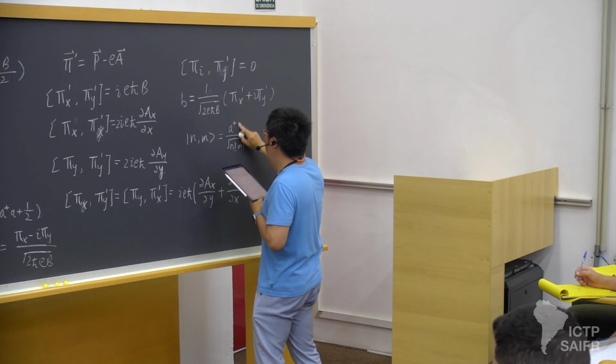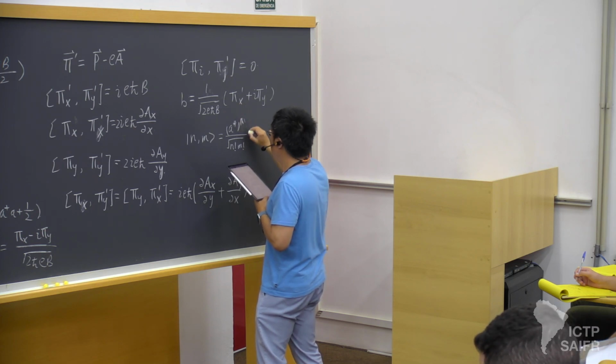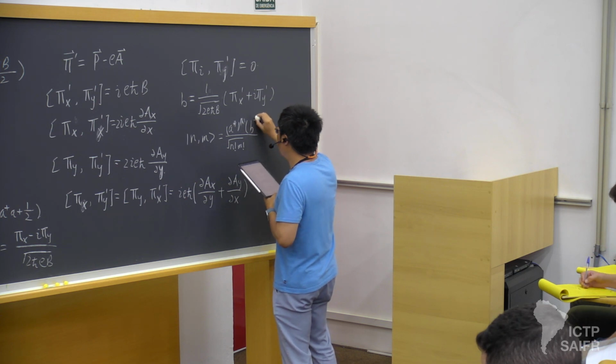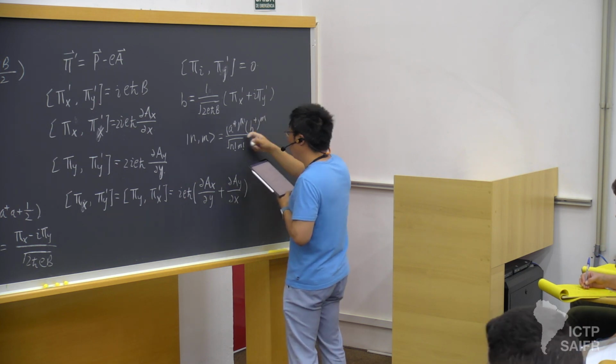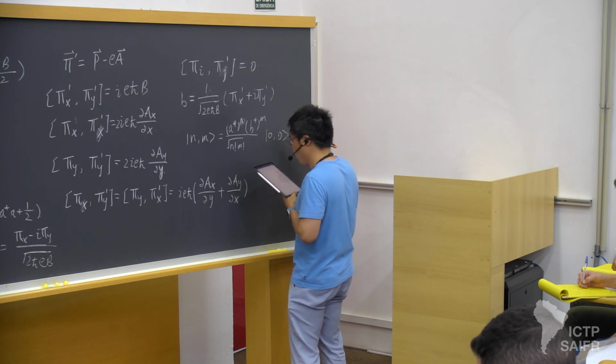The state will really just be: I create n particles with the creation operator a dagger and create m particles with the creation operator b dagger, starting from vacuum, right?